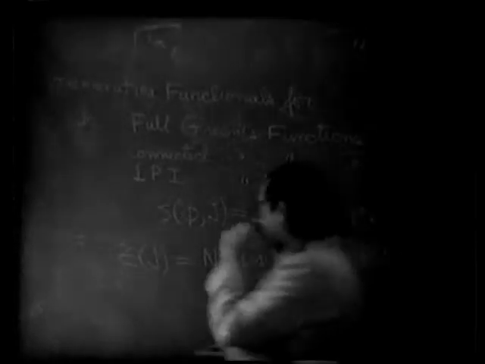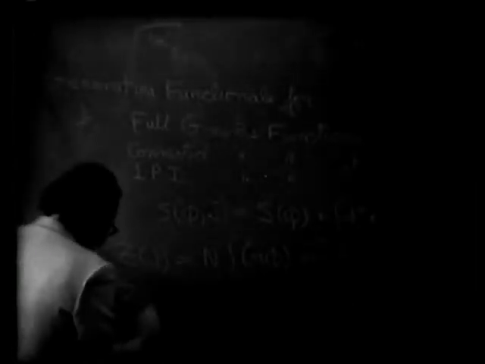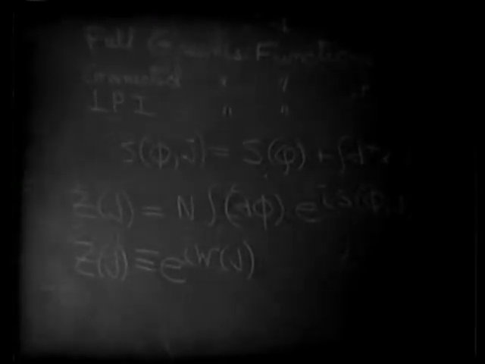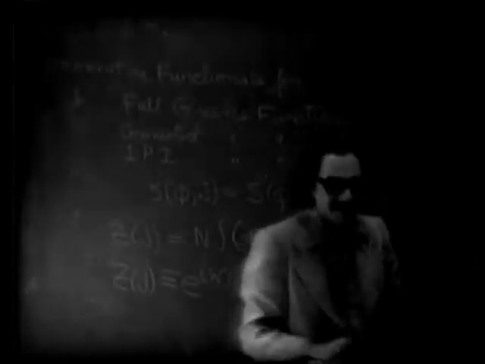To find a generating functional for connected Green's functions is of course trivial because of our powerful theorem of general utility that the sum of all Feynman graphs is the exponential of the sum of connected Feynman graphs, if there are no vacuum to vacuum graphs, which is what we're considering here. And therefore, if I define Z of J as e to the i W of J, the i is put in just to adhere to general convention, a convention arranged so that all the i's disappear when you rotate into Euclidean space.